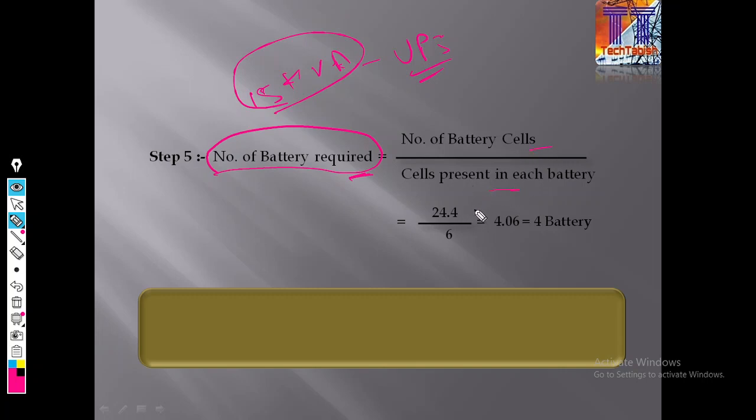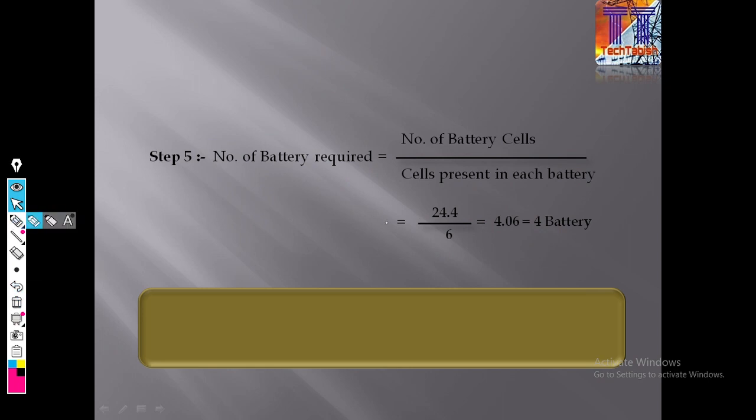We have already calculated the number of battery cells, which is 24.4, and the cells present in each battery is 6. If we divide it, the result is 4.06, so the nearby digit is 4. So we require 4 batteries for this 15 kVA UPS to operate all the load which we saw in the UPS slide.